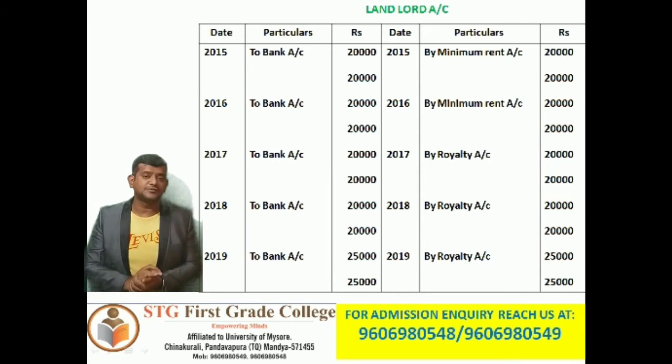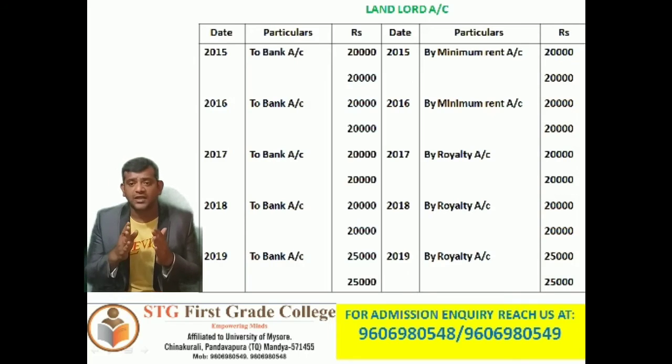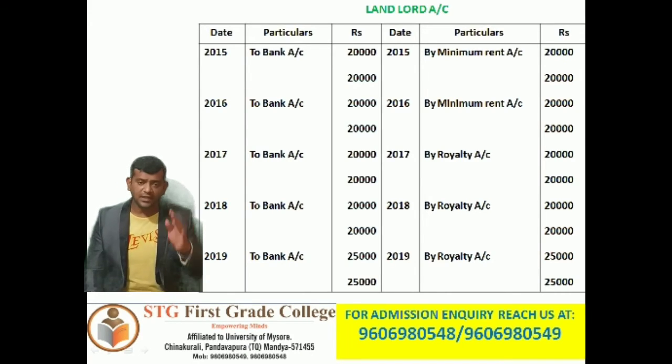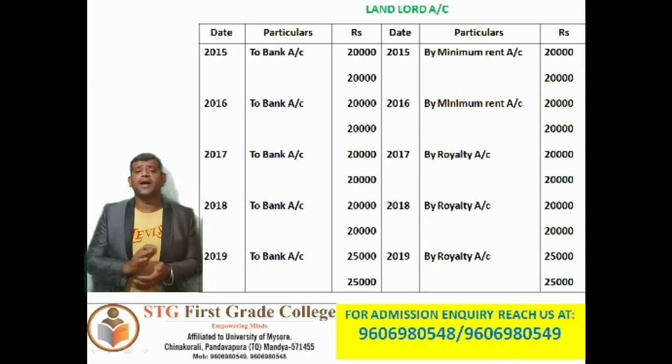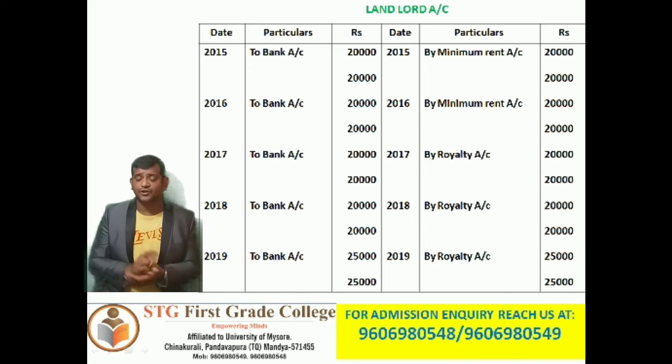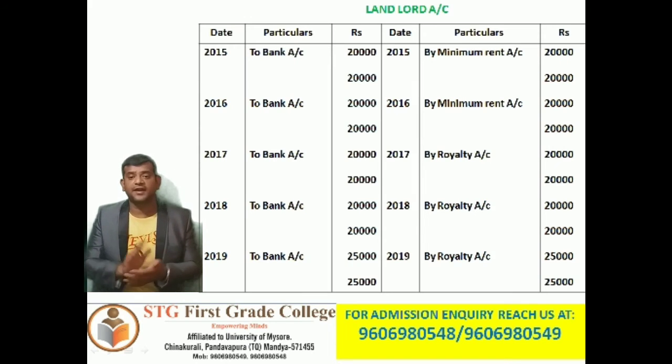So in the year 2015, to bank account 20,000 rupees. 2015 by minimum rent account 20,000 rupees, because we could receive a minimum rent that year because royalty was less than the minimum rent. 2016, to bank account 20,000. 2016 by minimum rent account 20,000, because in this year also the production was less, so that is why minimum rent we have received.